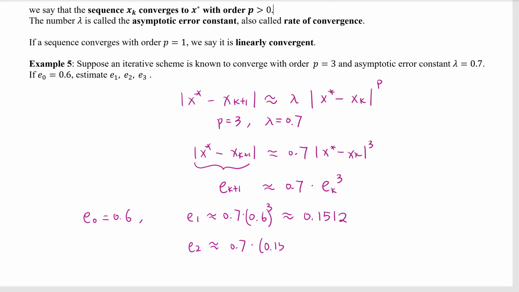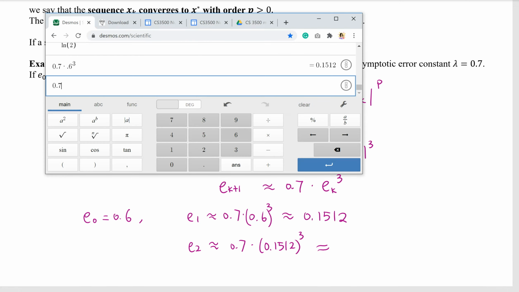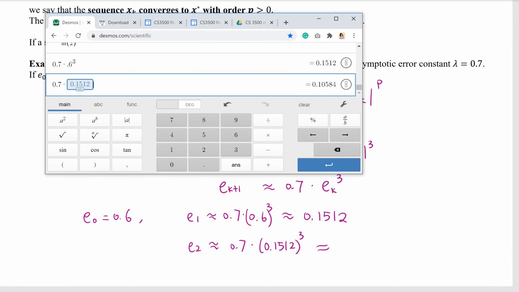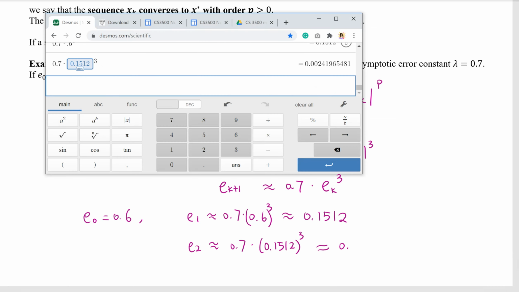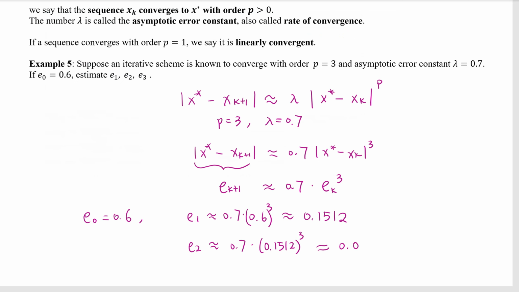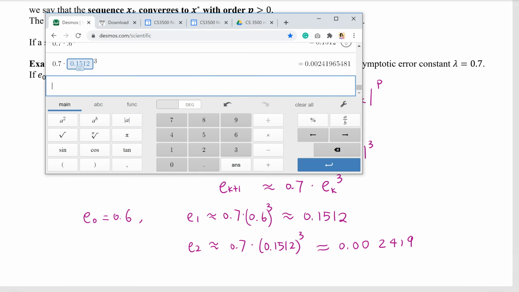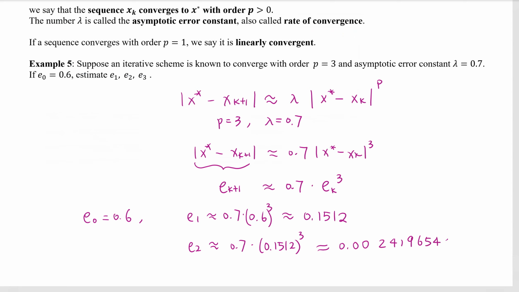So E1 is 0.1512 cubed, right? On the calculator, 0.7 times the answer to the 3, and that is 0.0024196548 and so on, 0.002419 and then 65481. So far, so good, everybody?